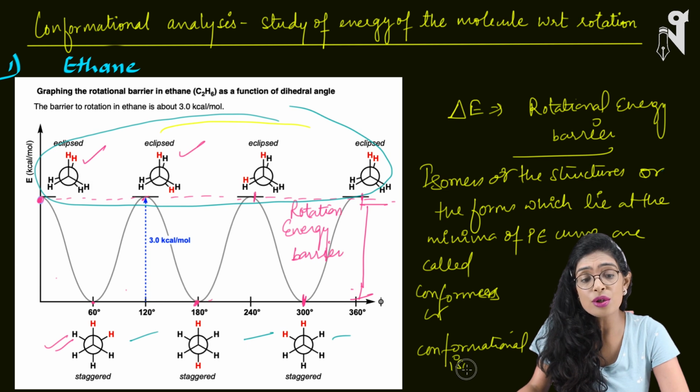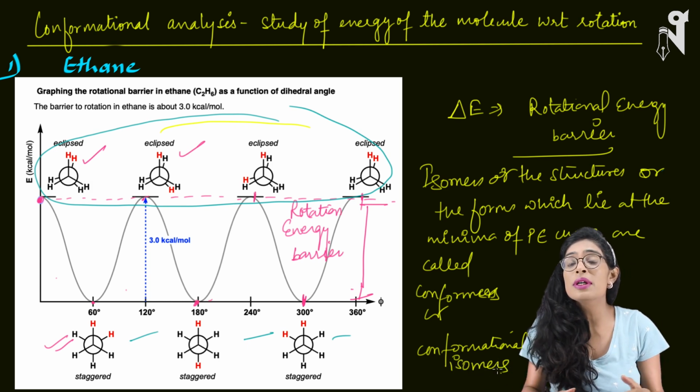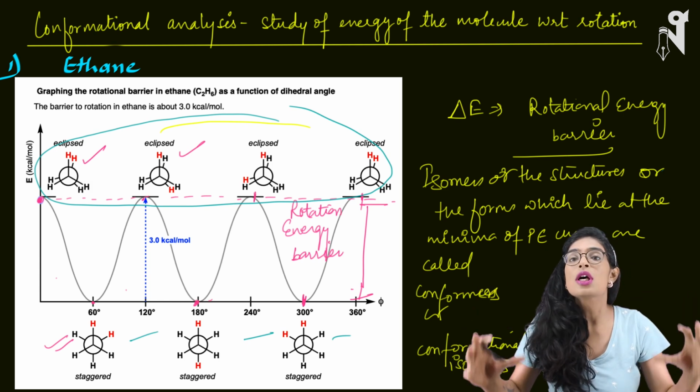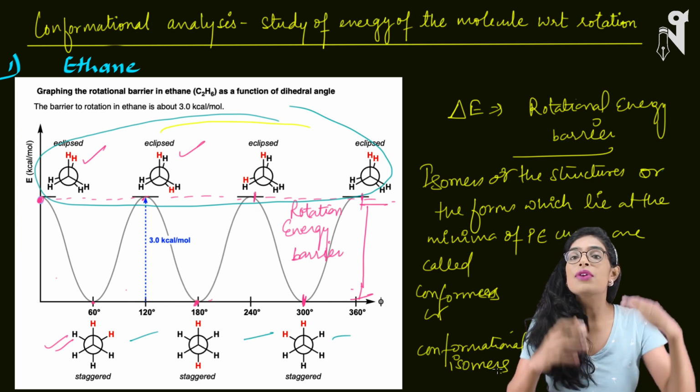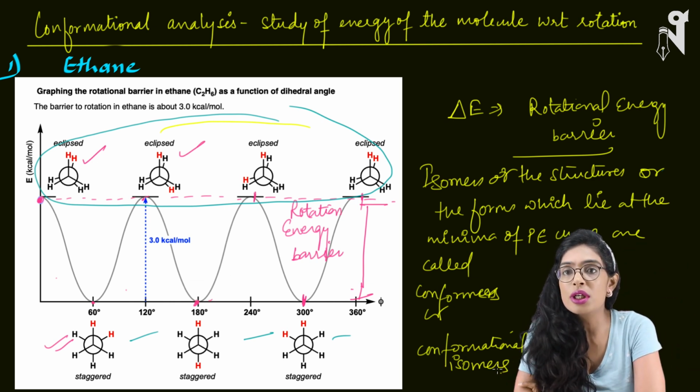So the actual definition of conformational isomer or conformer is the stable forms of a particular compound which lie at the minimum of the potential energy curve.